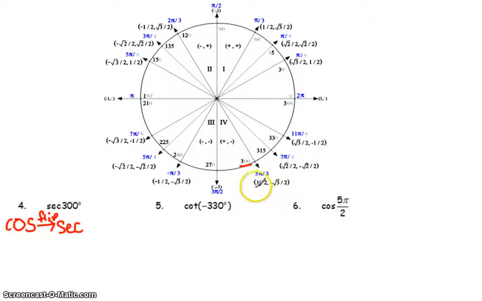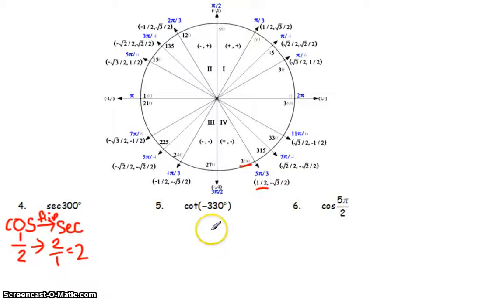Cosine is going to be my x value. Remember, cosine comes before sine in the alphabet. So cosine comes first, which is going to be my x value. I'm going to take that and I get a half. Now I'm going to need to flip it and I get 2 over 1, which is equal to 2.